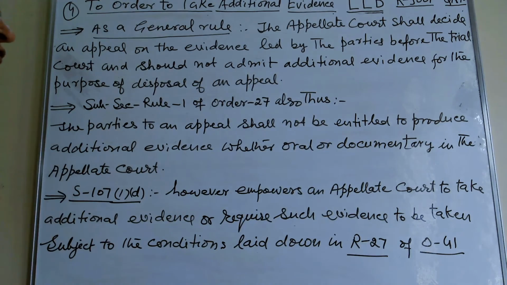My dear friend, the fourth power of the appellate court is given by Section 107, to take additional evidence.